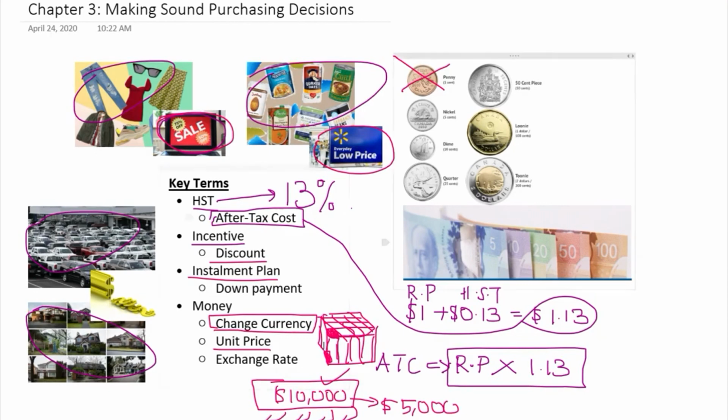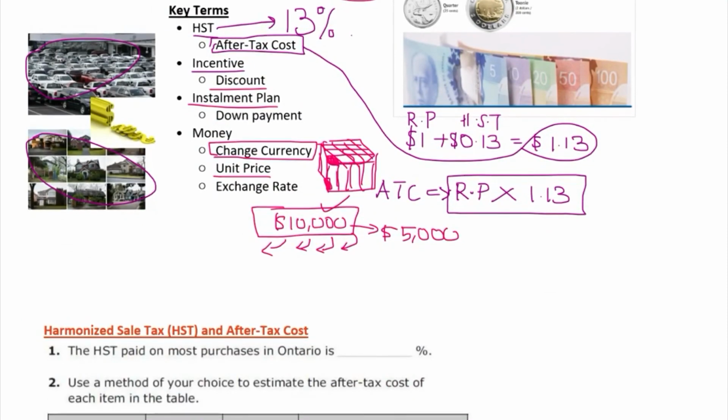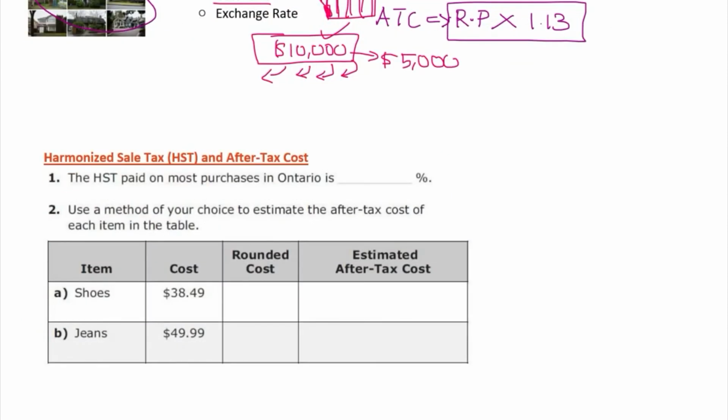So let's dive into various examples which involve the following. First, we see a question which says: the HST paid on most purchases in Ontario is how much percent? Don't forget that magic number, 13%.